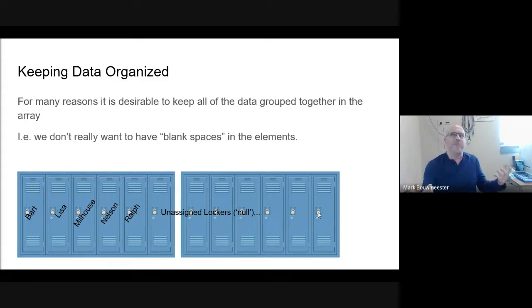It's not going to be a very desirable program. And some of the algorithms that I want to do for sorting through this list are going to work better if there's no space left in it. So I don't want to have spaces left in the array. I want to have it all nicely compressed. The first 5 elements are the people that have lockers, and then everything after that is just blank space waiting for a new locker to be assigned. Make sense?